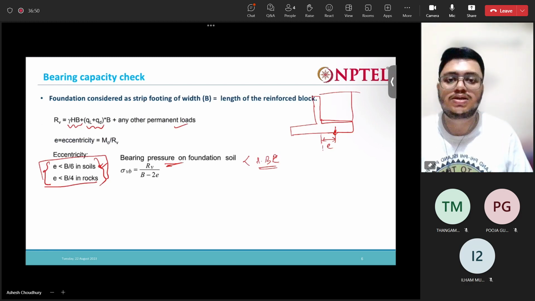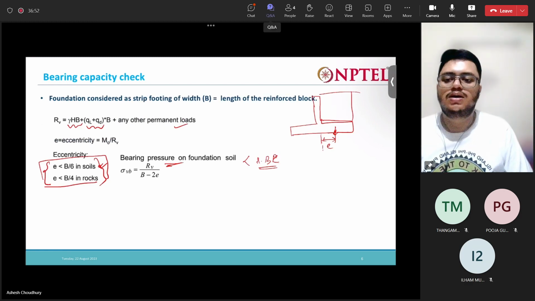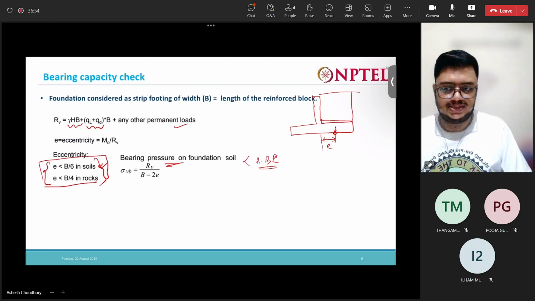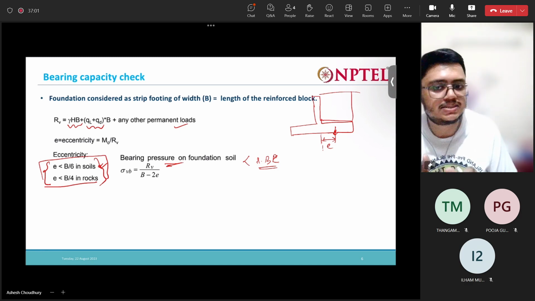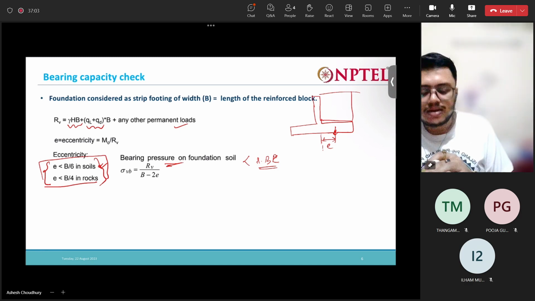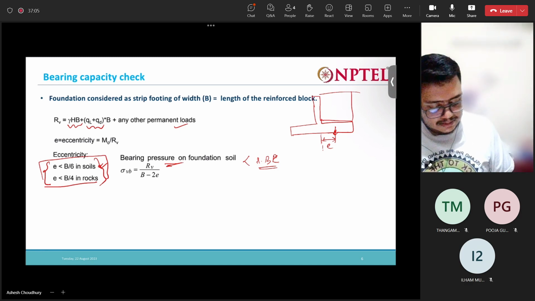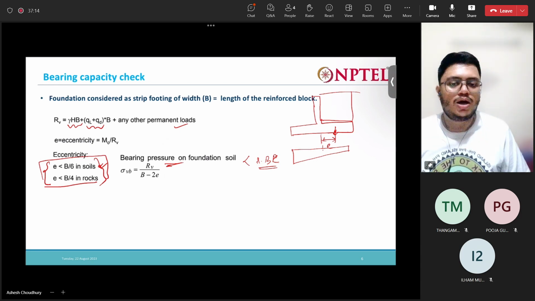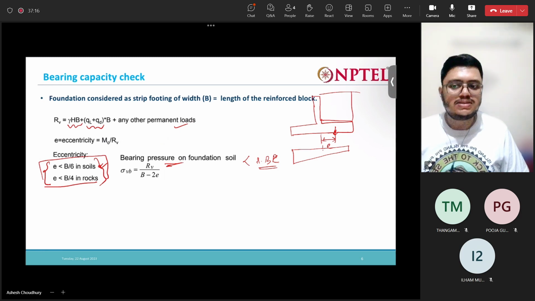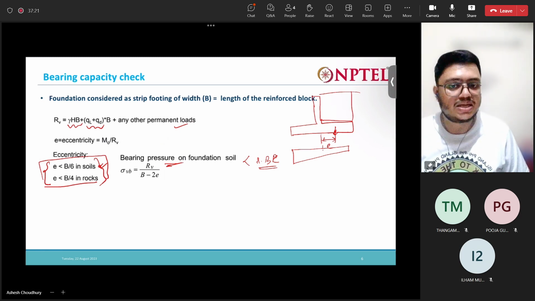Now let us come to that question again. Why do you do this eccentricity check? See, generally the pressure distribution at the base is something like this. What will happen if this eccentricity is greater than B by 6?